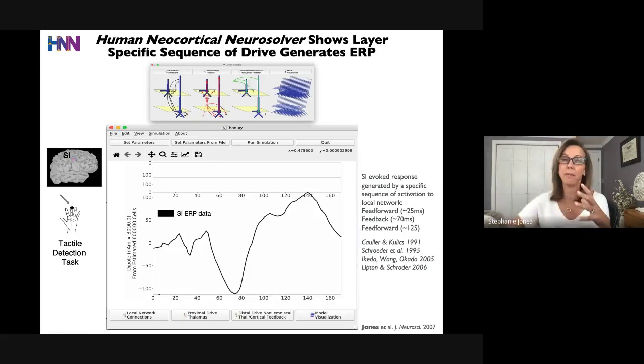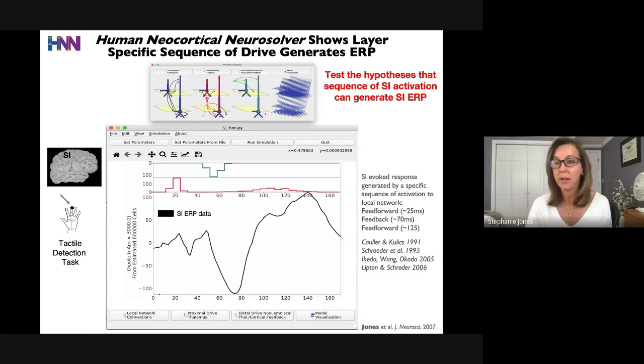Then there's the thalamocortical loop of activity that's engaged, and it comes back in through this feed-forward pathway at about 125 milliseconds. And so we wanted to use HNN to test the hypothesis: can this sequence of activation generate this macro-scale ERP in this intracellular current flow signal?